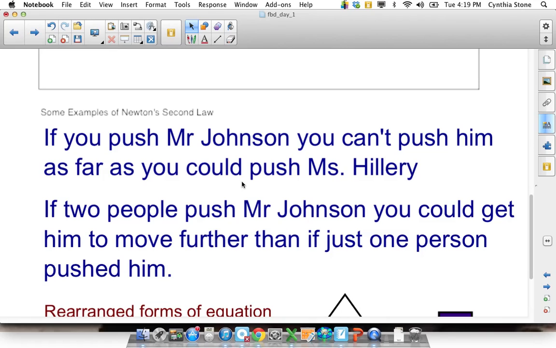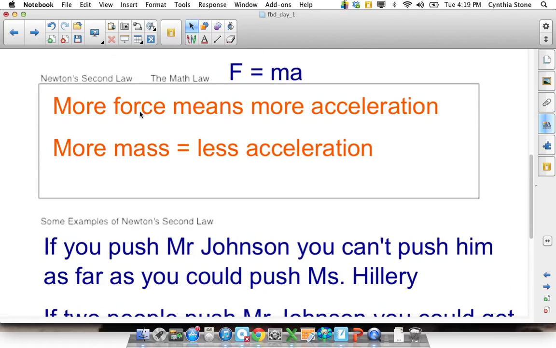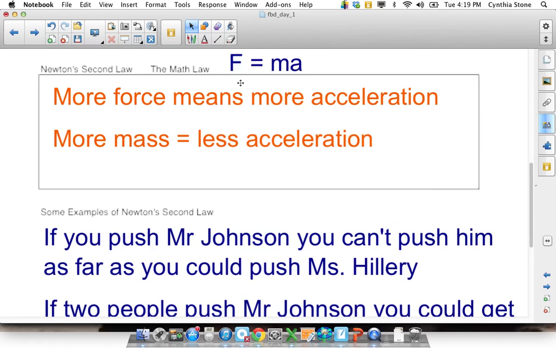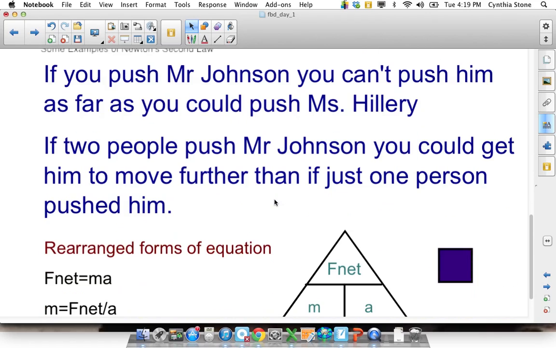Big mass, little mass, right? And that really speaks to this: more mass equals less acceleration. You could quantify that, put a calculation to it with the equation. Another example might be if two of you with the same amount of force pushed as hard as you could on Mr. Johnson, you could get him to move further than if just one of you did, right?